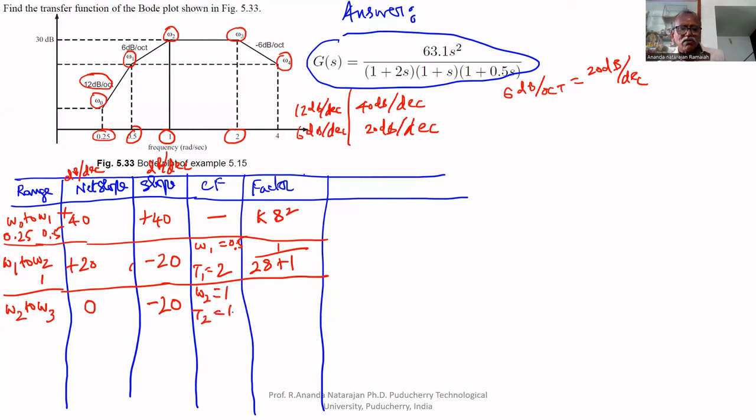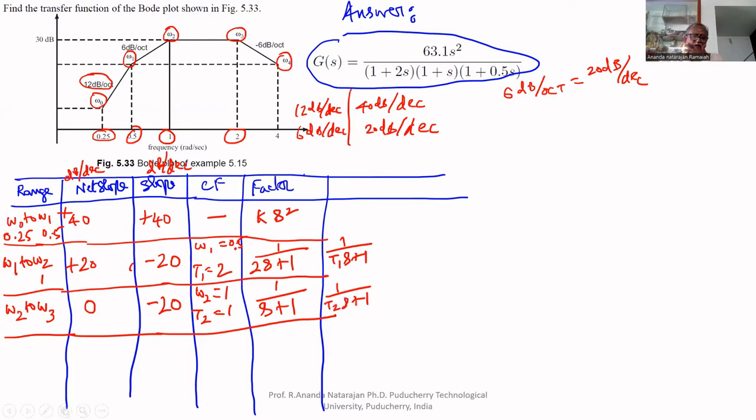Therefore, T2 equals 1. The contribution is minus 20, therefore the factor is 1 by s plus 1. Here the factor is 1 by T1 s plus 1, here 1 by T2 s plus 1. T1 is 2, T2 is 1.